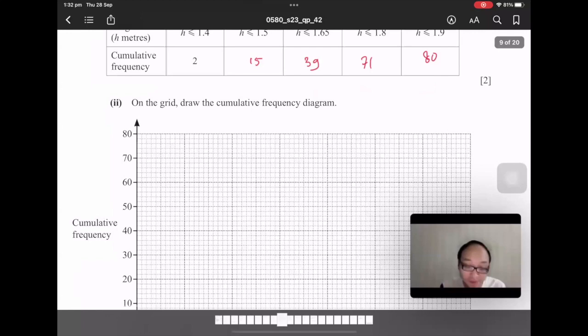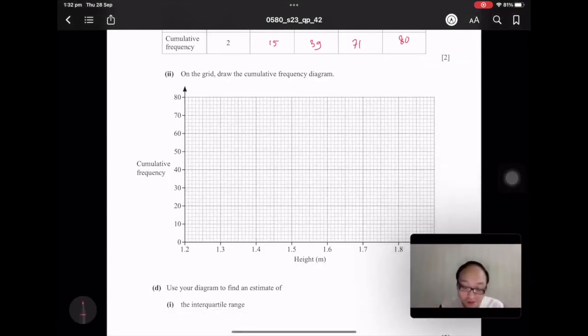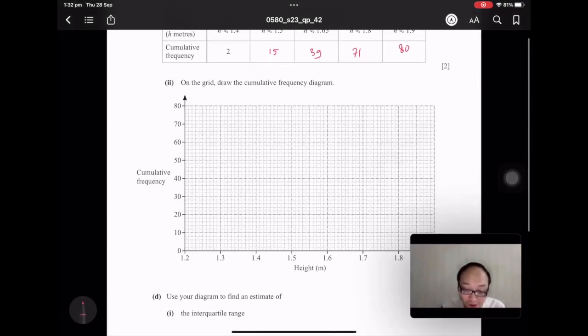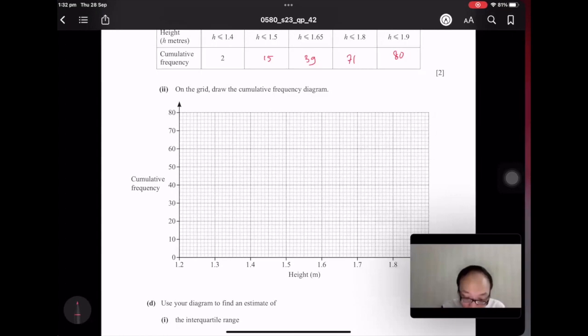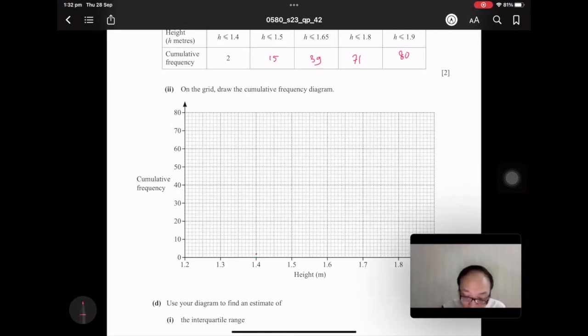And then we draw. For smaller than 1.4 is 2. So 1 square is 2. And then for 1.5 and below, 15. So 15 will be in here. Below 1.65, 39. So 39 will be here.